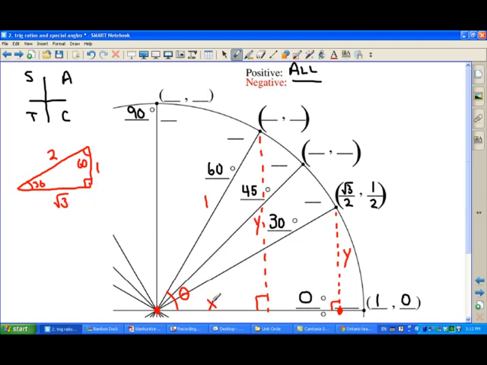X would be my adjacent side. In this case, I'm looking at the side adjacent to angle 60. So the adjacent side is 1. The hypotenuse is 2. So the cosine of 60 degrees is exactly equal to 1/2.